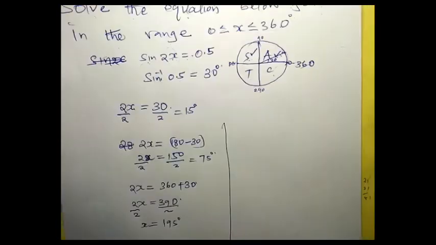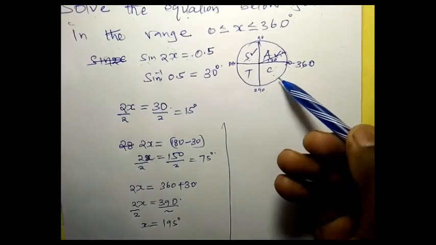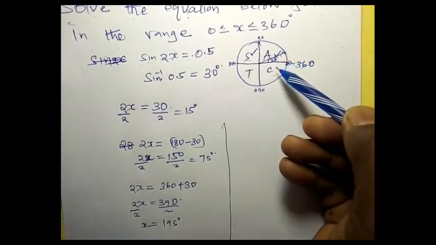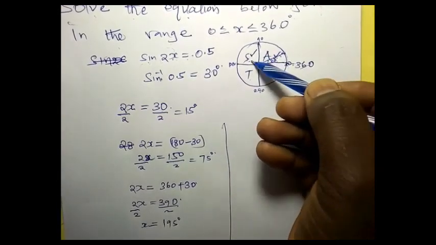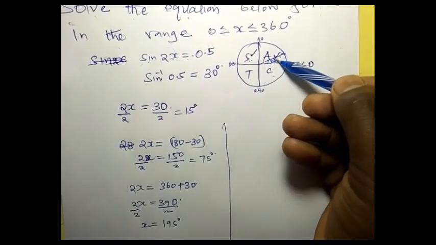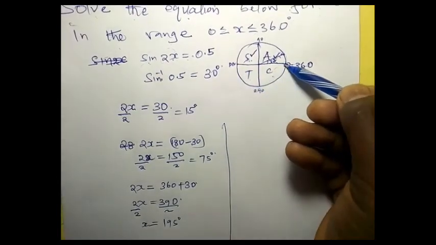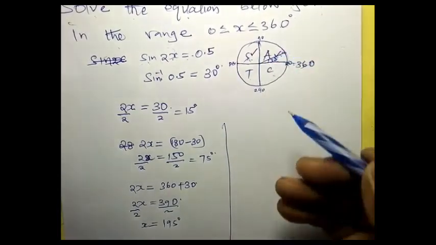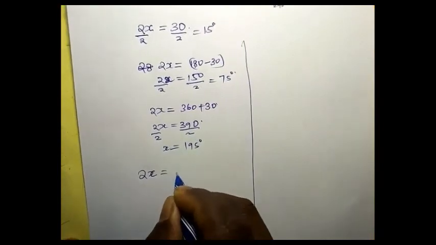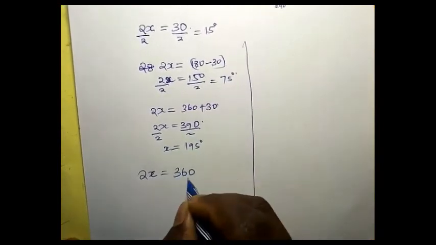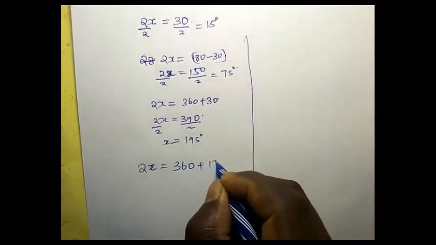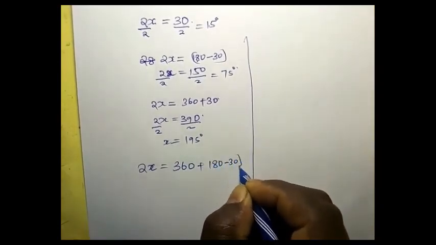Next, we have gone one cycle, we are here, 360 plus 30. Now we go to this one. How do we get the angle in the second quadrant? It is 180 minus theta. But now we have 360 plus 180 minus 30. So 2x is equal to 360, one cycle, then plus the second quadrant, 180 minus 30.